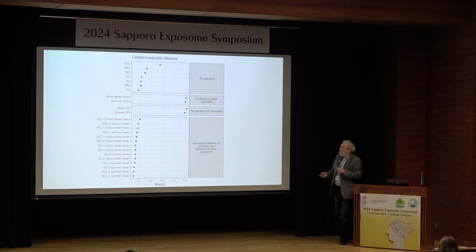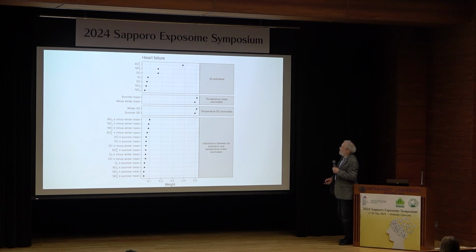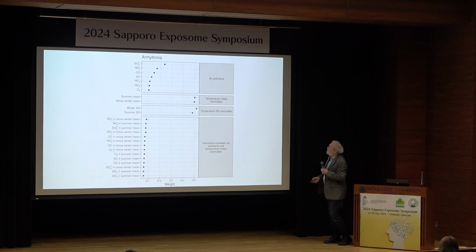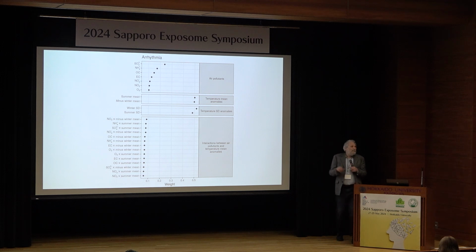So that's a little different. Heart failure, same basic idea, and arrhythmia. So we can do these kinds of models and try to break apart the exposome into sections and possibly their interactions.